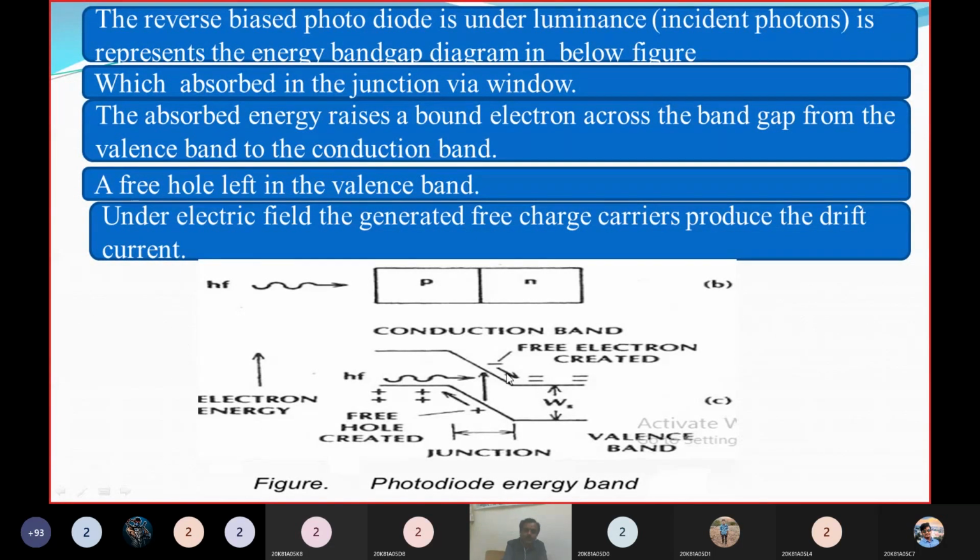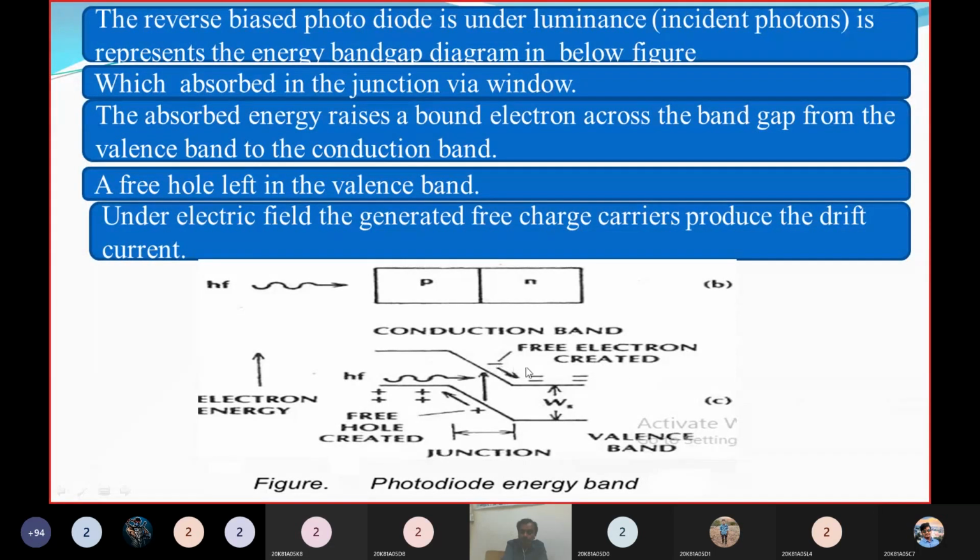Now what we are doing here is connecting it in reverse bias. That means the P region is connected to the negative terminal and the N region is connected to the positive terminal. So the positive charge carriers move towards the P region, and the negative charge carriers move towards the positive terminal.